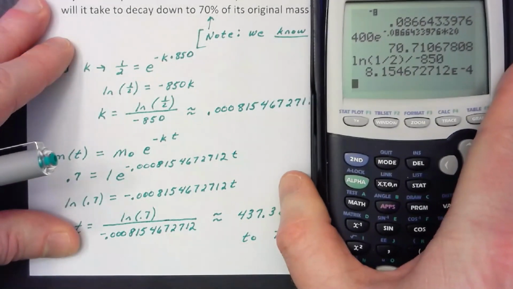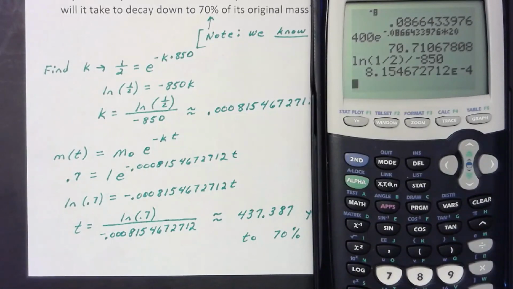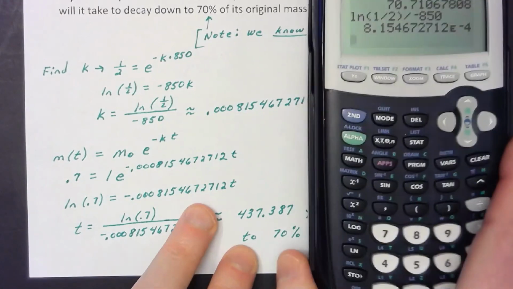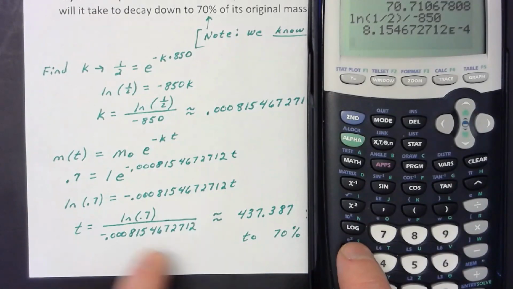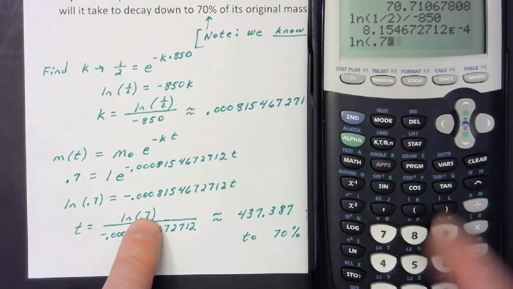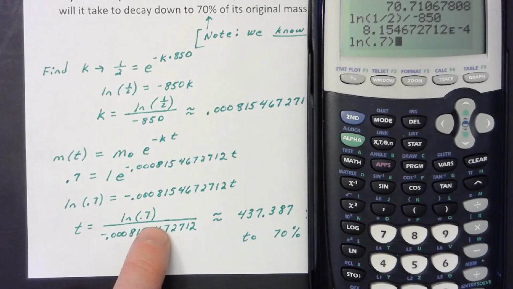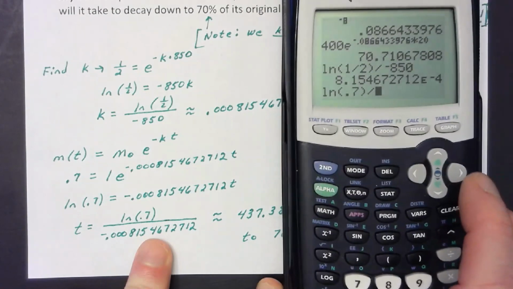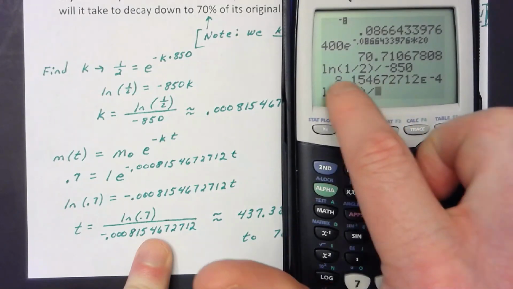Now, one thing I could do to make this easier on the calculator is go in and do the natural log of 0.7. I'll have to remember to close that out. Now, instead of having to type that denominator in, I'm just going to divide by this number here.